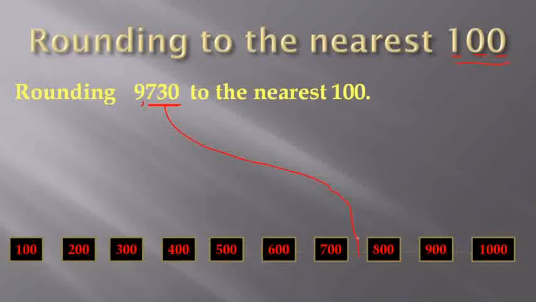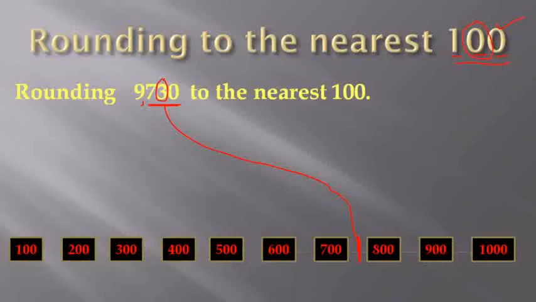Now whether to round up this number or to round down this number, we check the digit at tens place. Okay, same procedure we will follow here. When we have to round to the nearest 10, we concentrate on unit place digit, but when we have to round to the nearest 100, we check tens place digit.